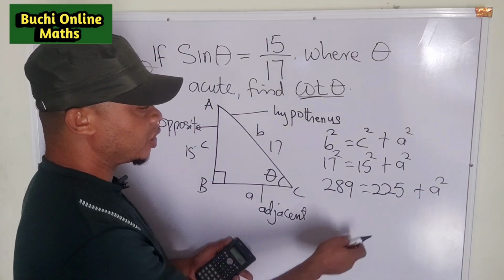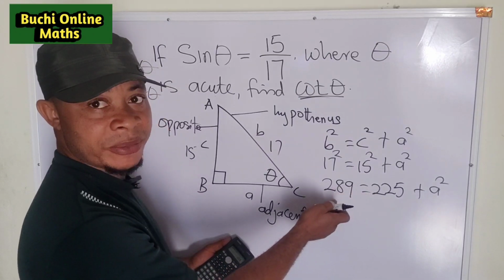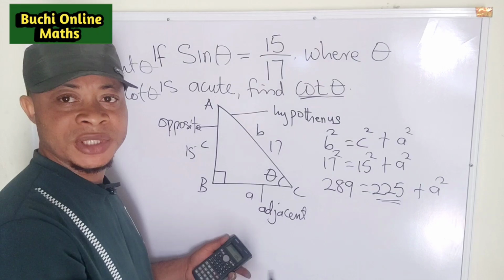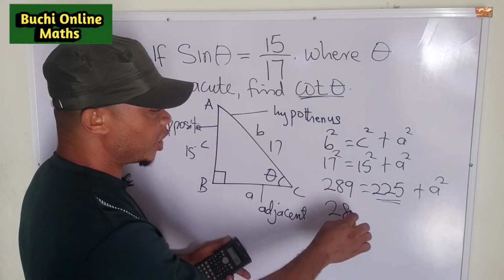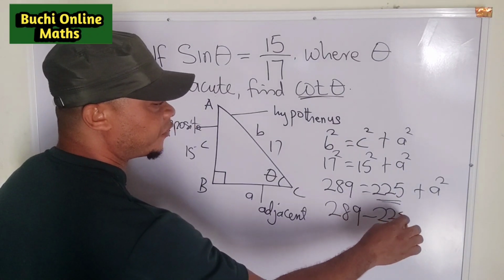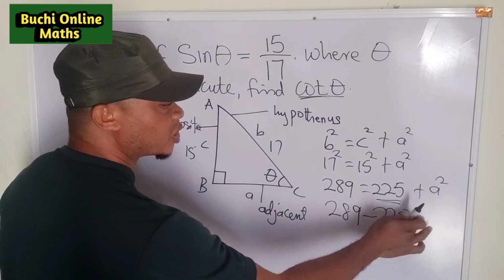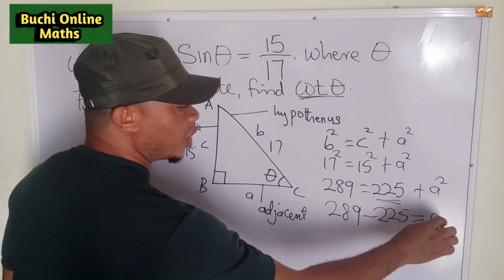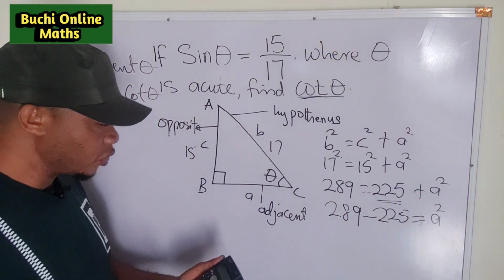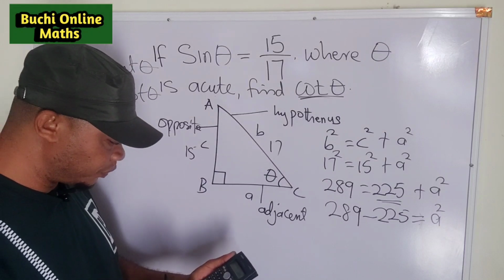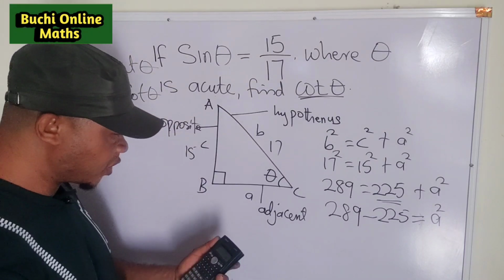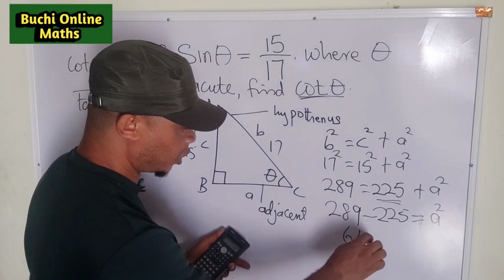Now let's subtract 225 from 289, because when it crosses over to the other side, it becomes negative. So 289 minus 225 will give us 64.